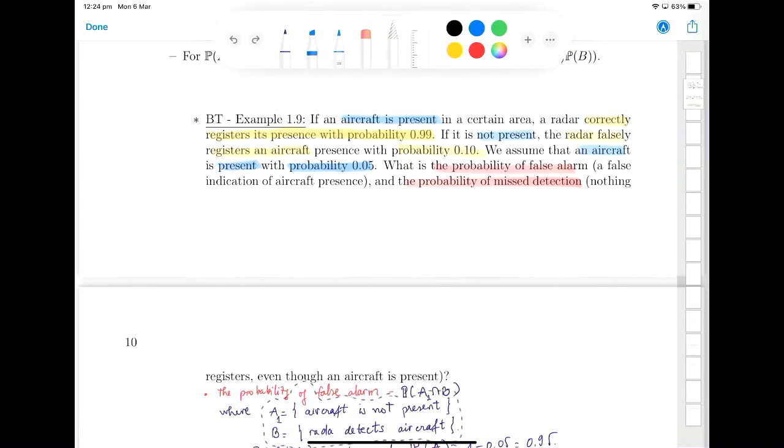Can I compute the probability of A1 intersect with B, which means that a false indication of an aircraft presence, the aircraft is not present, but the radar detects an aircraft?